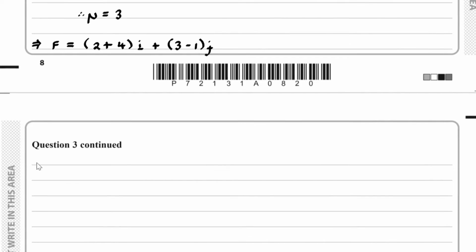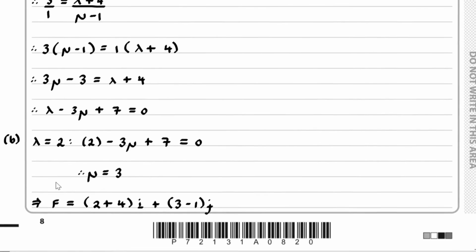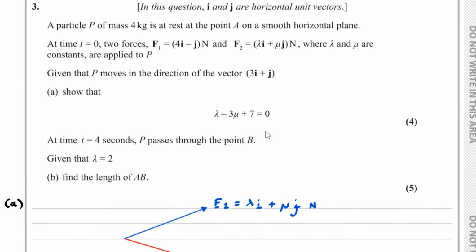And so therefore, the resultant force F is equal to 6i plus 2j.